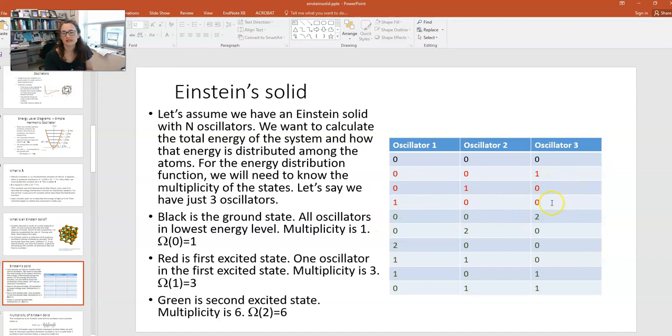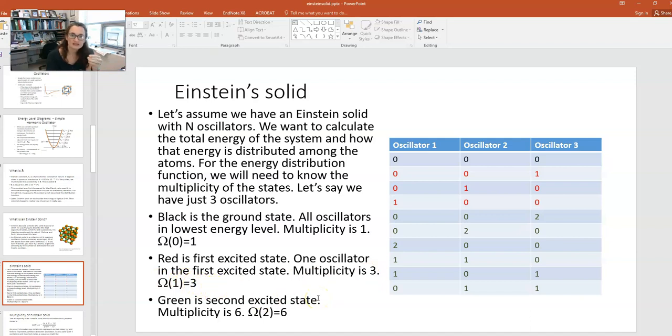Those are indicated here in red for the next highest amount of energy. So the multiplicity for that would be 3. Okay? So the notation that I've used is for the ground state, omega of 0, that's my ground state, no excited states at all. That multiplicity is 1, so omega of 0 is 1. The multiplicity is 3 for having one excited state, so omega of 1 is equal to 3.